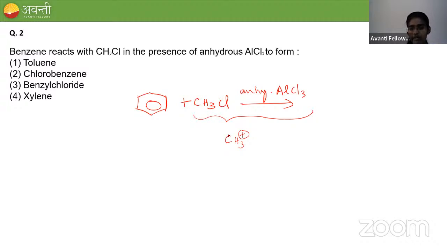And this electrophile will go and get substituted in the benzene ring. So at last, what do we get? We'll get phenyl ring attached to CH3. Okay. Which is nothing but the methyl benzene, and the other name for methyl benzene is toluene. So the answer is option 1. So benzene reacts with these reagents to form toluene.